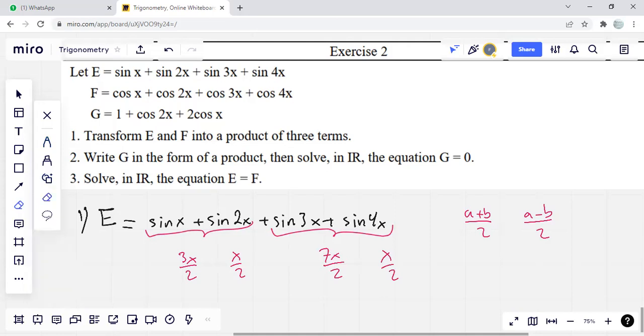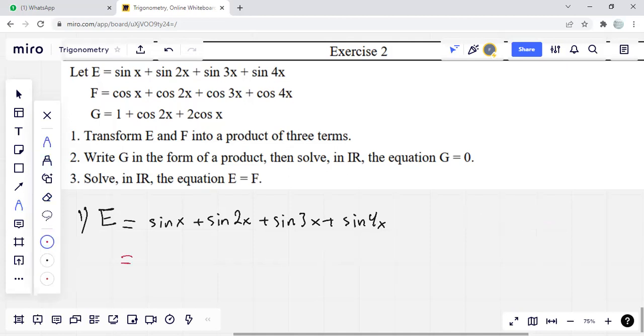So we will do a trick to make things easier on us. Okay, we will not add the two consecutive sine values as they are written here. We'll write them in a different way. We'll write sine x and we'll bring sine 3x beside it.